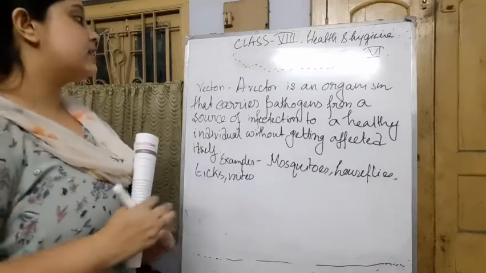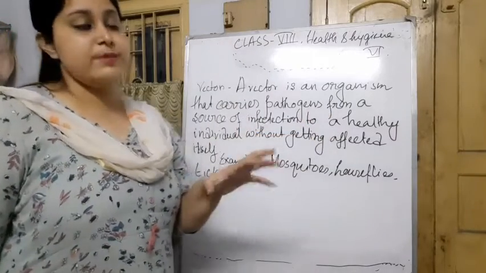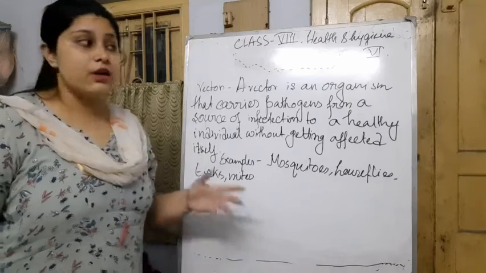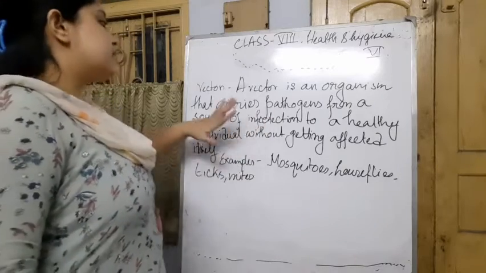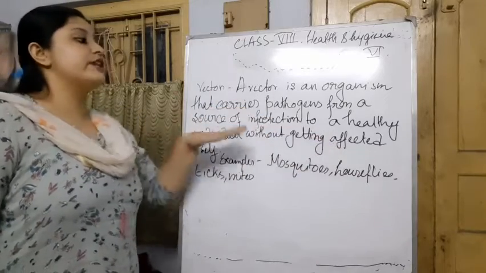A vector is an organism. It is actually one organism. It can be some of the mammals, it can be some of the insects, it can be flies. So, an organism that carries pathogens from a source of infection.